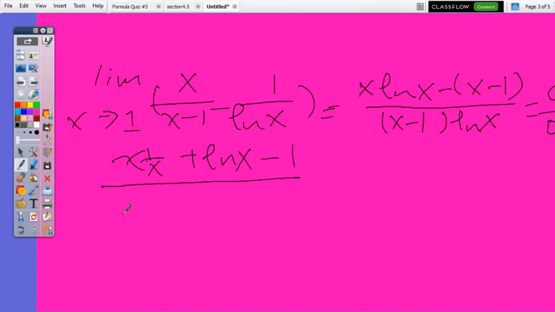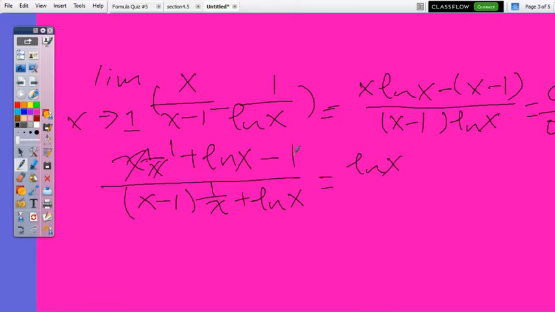And then for the denominator, we also need to apply the product rule. So we have x minus 1 times 1 over x, and then plus natural log of x. We try to simplify this a little bit, cross cancel, so that turns out to be 1, and then we have natural log of x on the top.